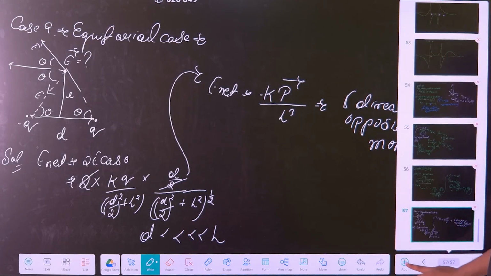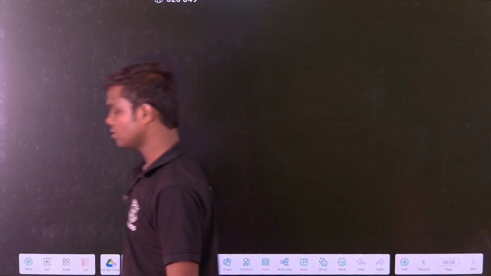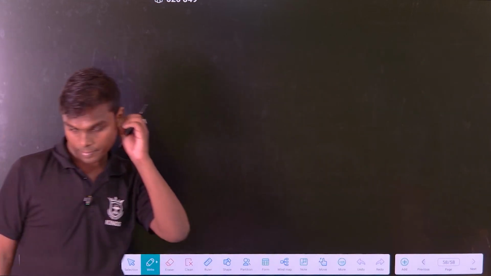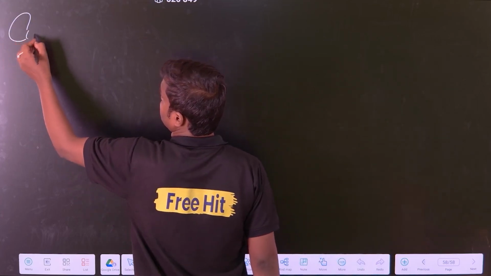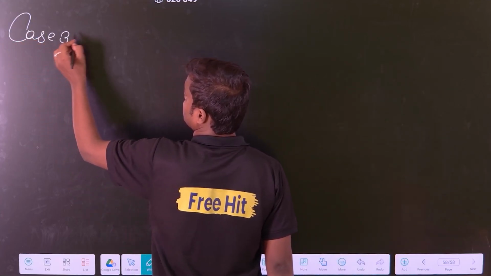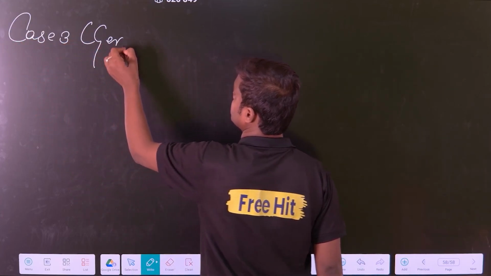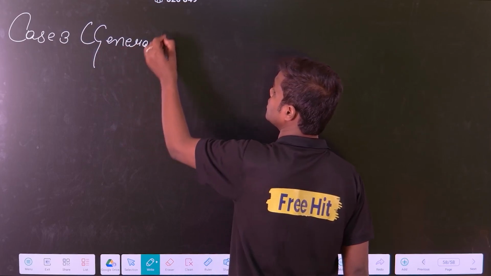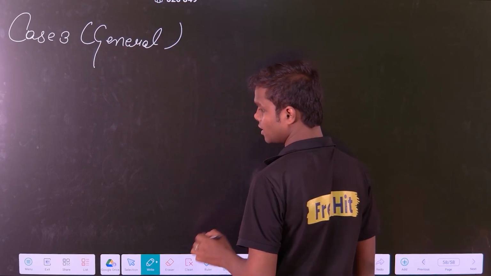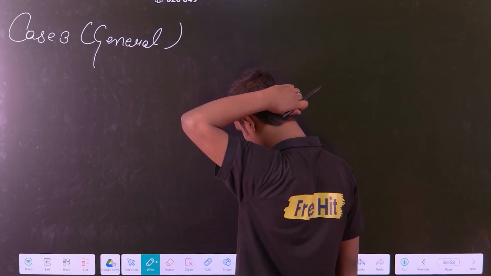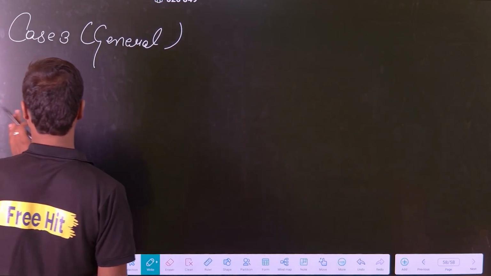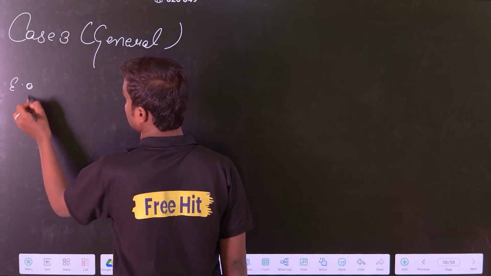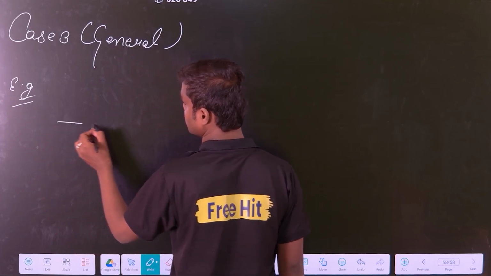Now let's take the general case. General means it can be axial also and it can be equatorial also. Let us take it like this.